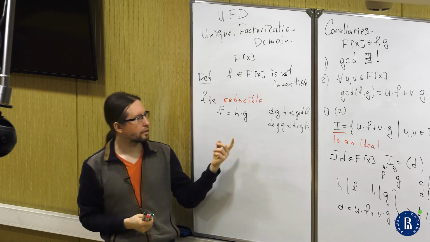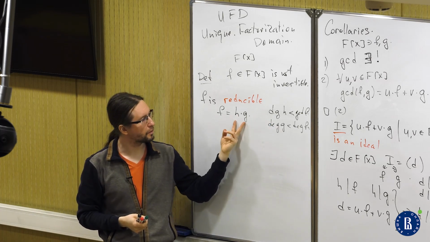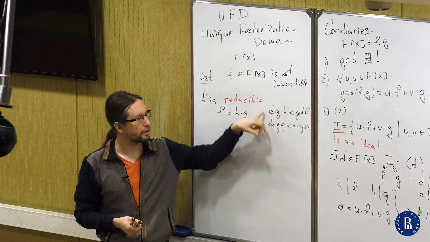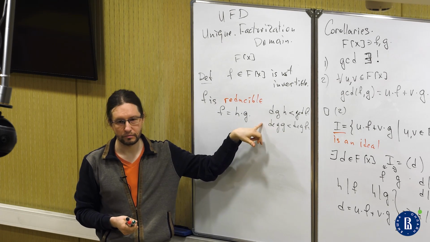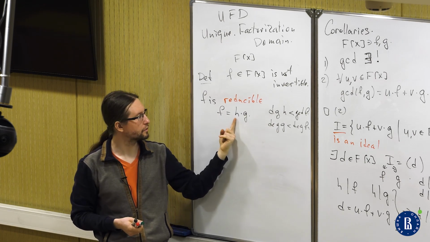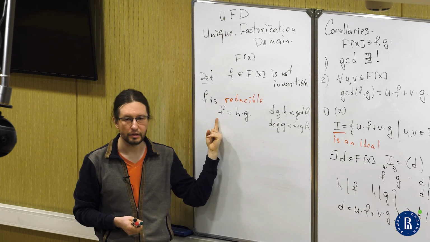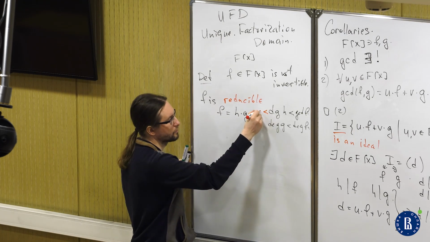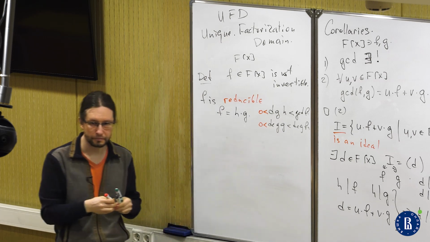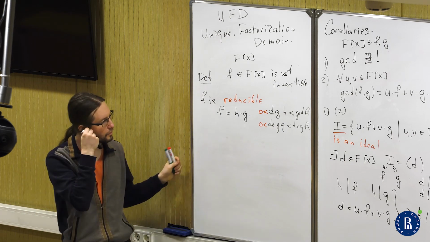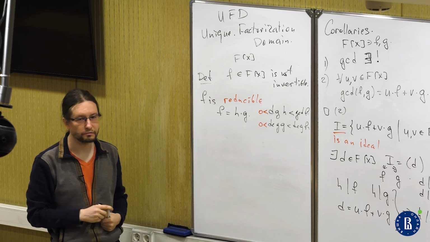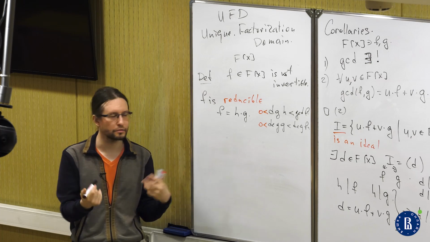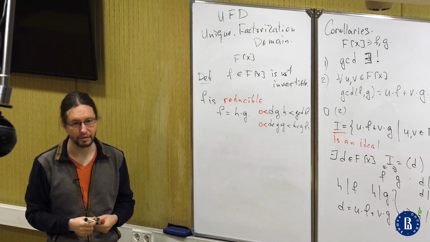And by the way, if both degrees are strictly smaller than the degree of f, they cannot be 0, so they cannot be constant, because if the degree here is 0, the degree of g must be equal to the degree of f. In this case, f is called reducible. So it can be split into a product of two non-constant polynomials.